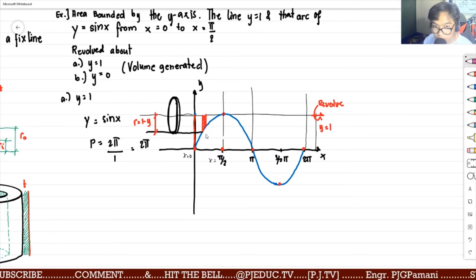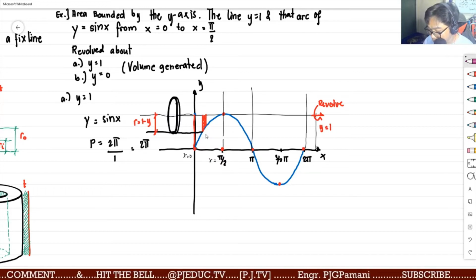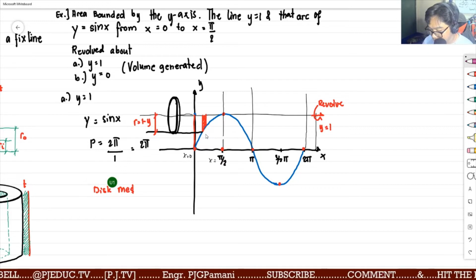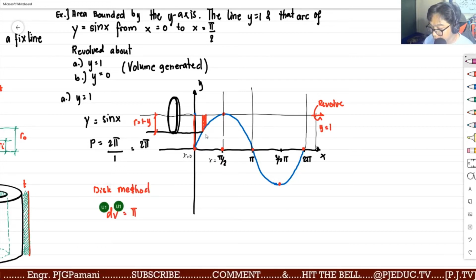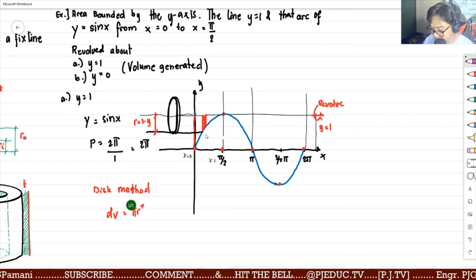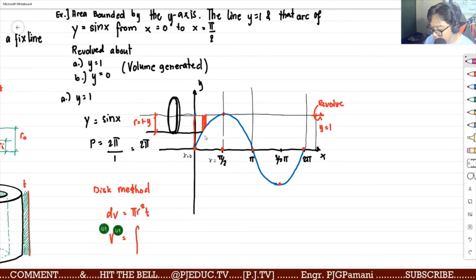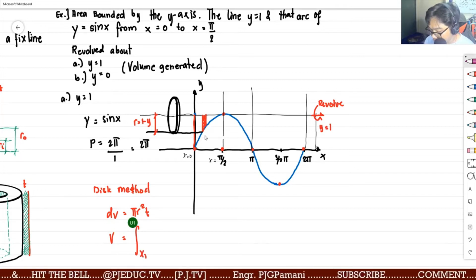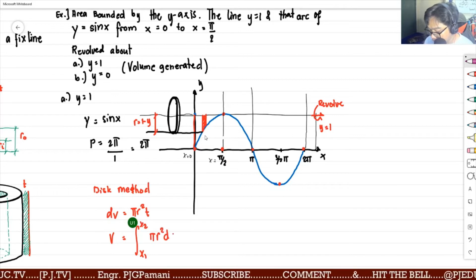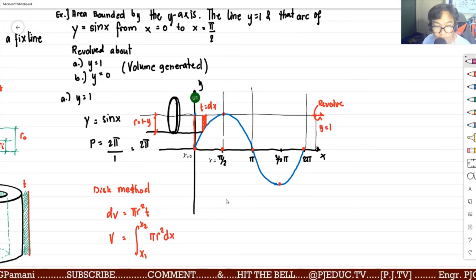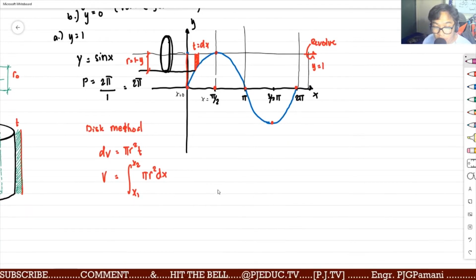So with that, using this method, the differential volume is equal to pi r squared times t, which is now V equal to the integral from lower limit to upper limit of pi r squared dx. Ito pala yung thickness of our vertical element. Okay?